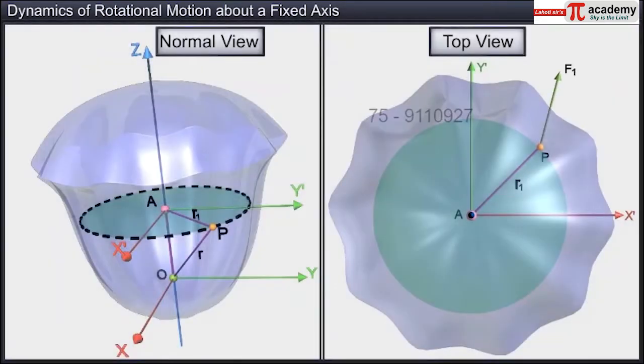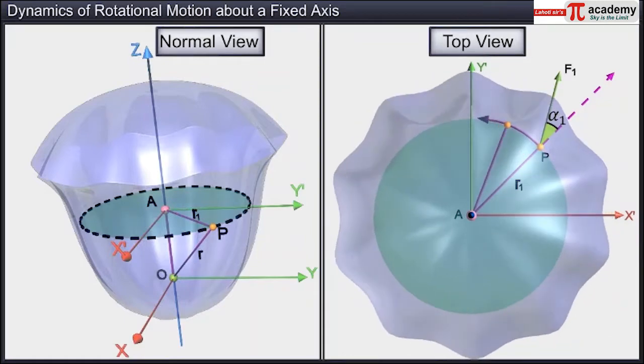F1 is a force in the x-y' plane acting on the particle at P and makes an angle alpha 1 with the radius vector AP. When the rigid body is in rotational motion, the particle P moves in a circular path, and its position changes from P to P' in a small time interval delta t as shown.